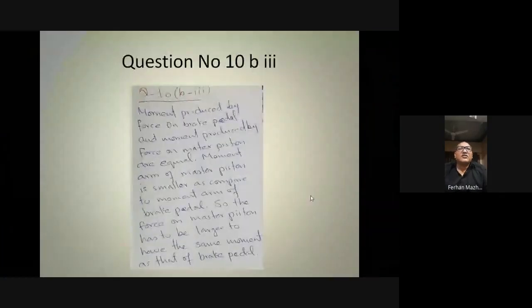Okay. So the moment produced by force on the brake pedal and the moment produced by force on the master piston are equal. The moment arm of the master piston is smaller compared to the moment arm of the brake pedal.